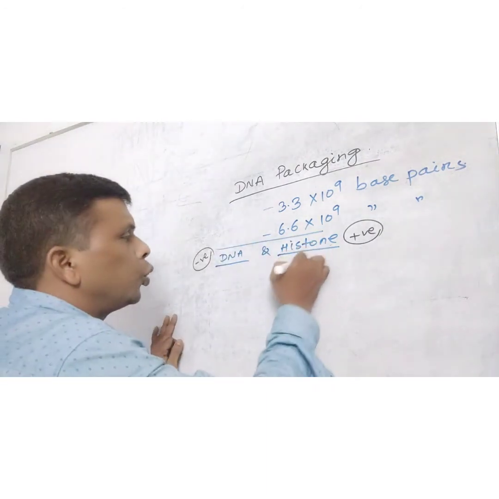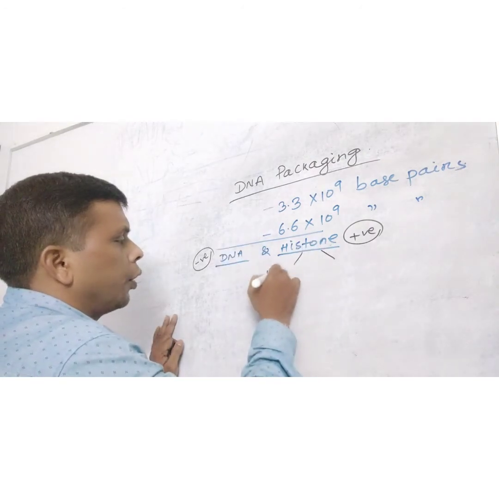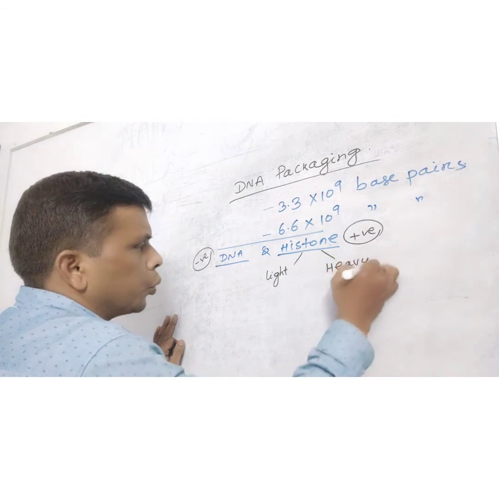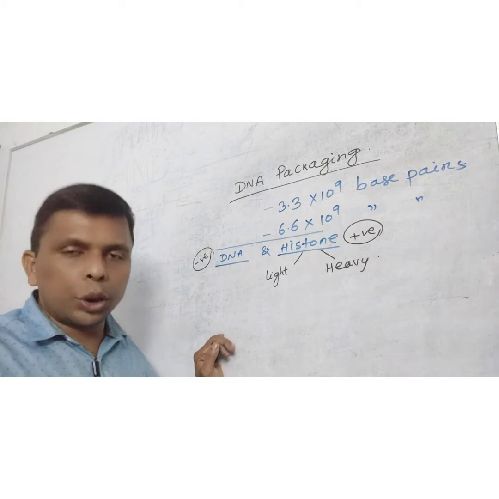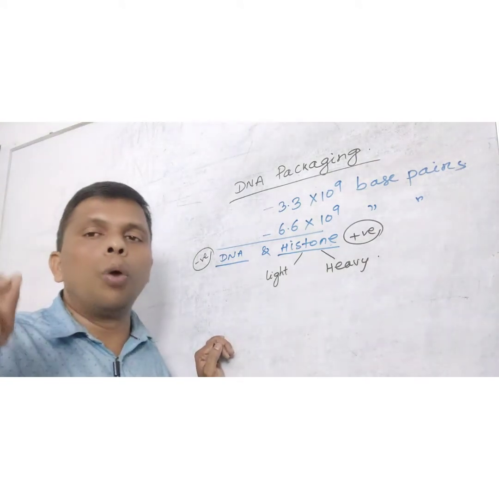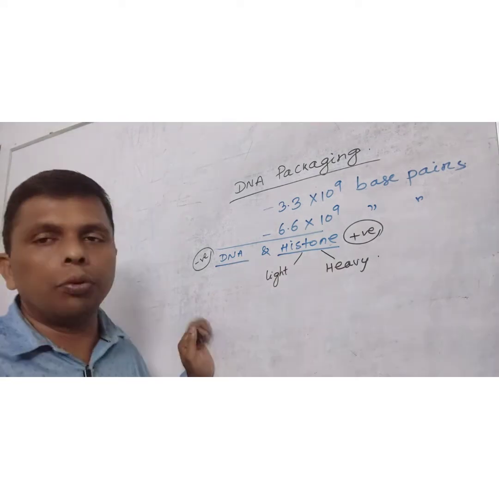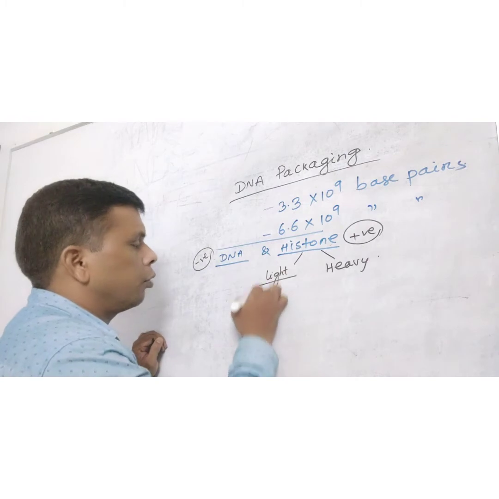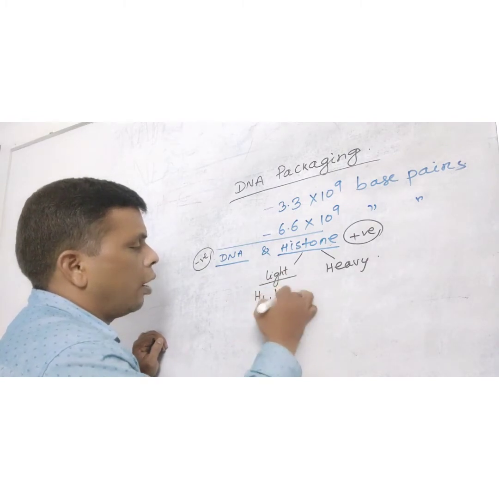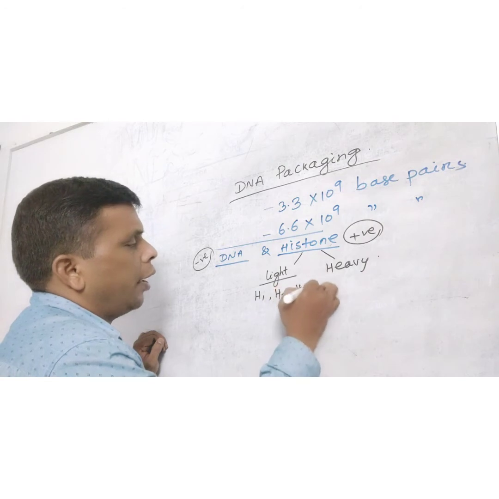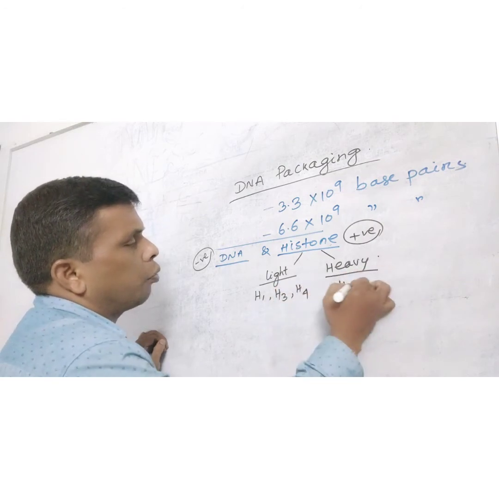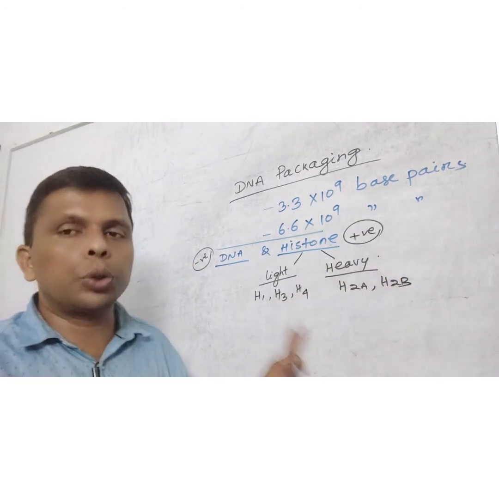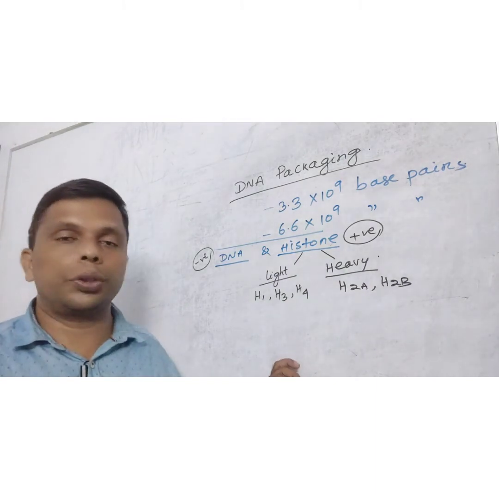There are two groups of histone, light histone and heavy histone. Light histone has low molecular weight, while heavy histones have maximum molecular weight. Heavy histones consist of H3, H4, and light histones consist of H2A, H2B.